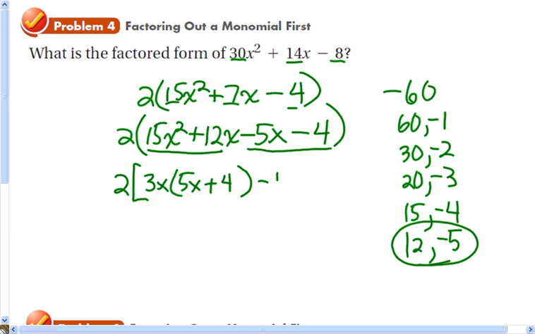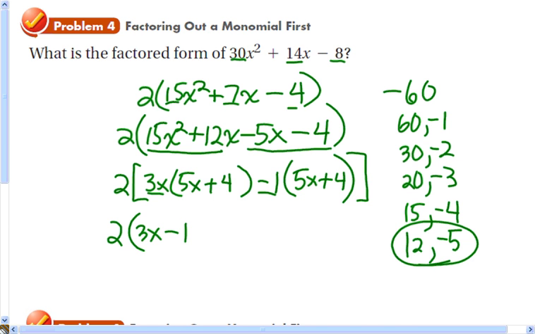So negative 1 times 5x plus 4 works. All right, and now I can rewrite this using the distributive property. We have 3x minus 1 is one of the factors, and 5x plus 4 is the other factor. All right, so go ahead, you try that.